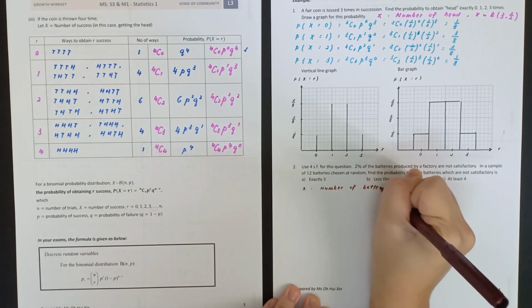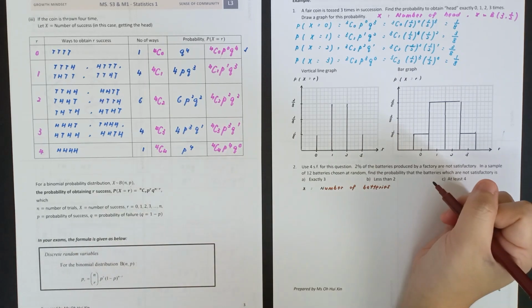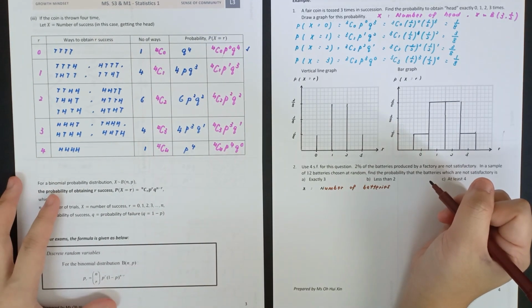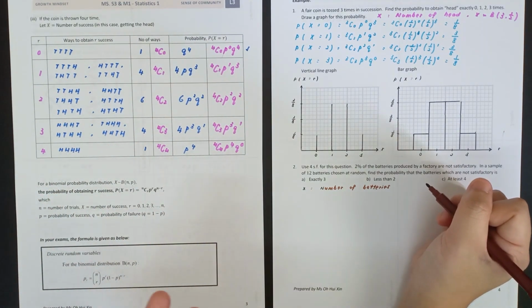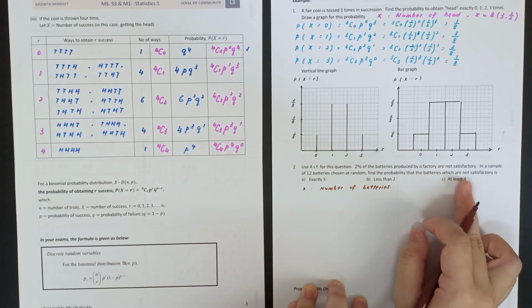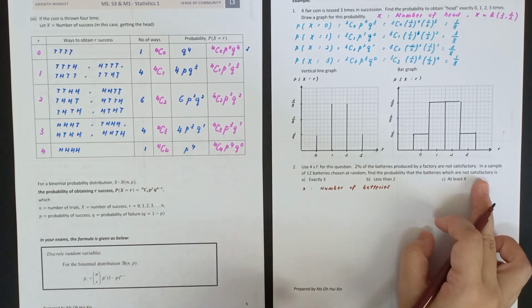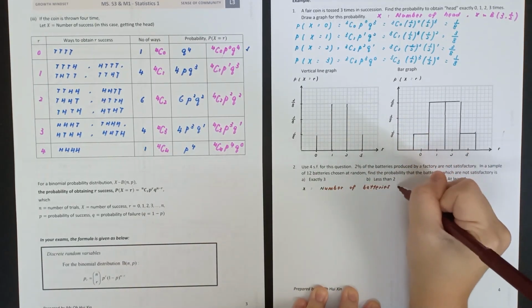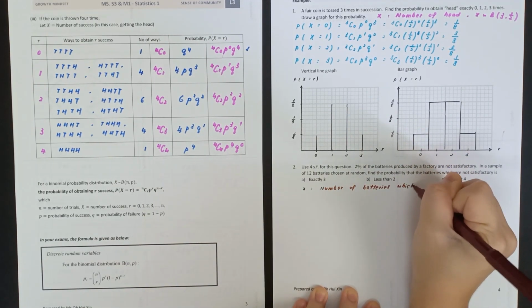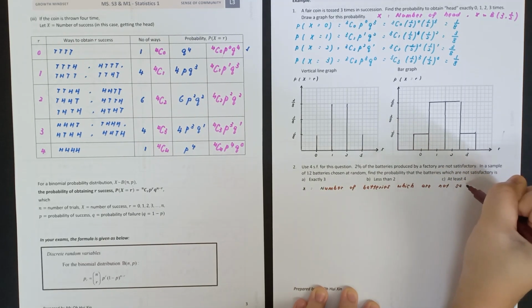I already said there's no positive or negative about success and failure. Whichever you assign will make it much easier to solve the question. Since the probability they want is for batteries that are not satisfactory, we put the success as the batteries that are not satisfactory. So x is the number of batteries which are not satisfactory.